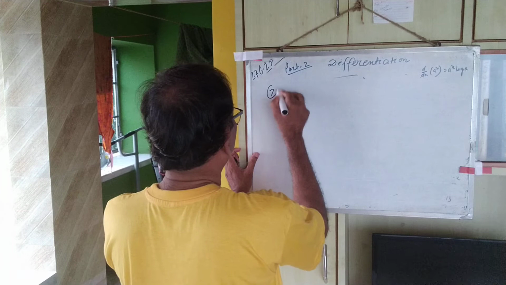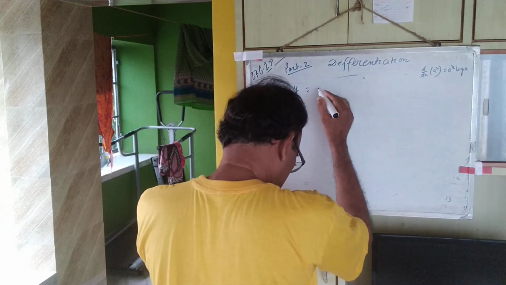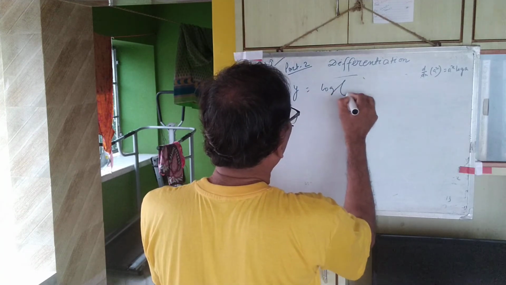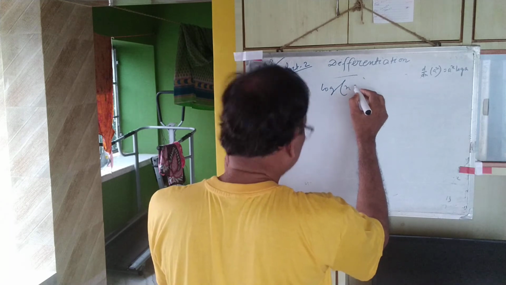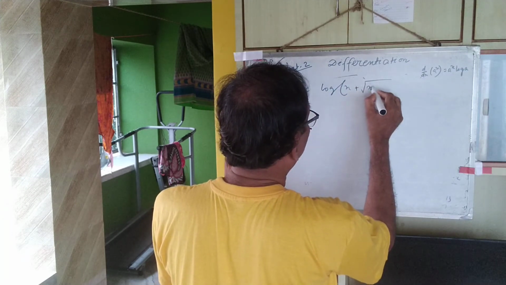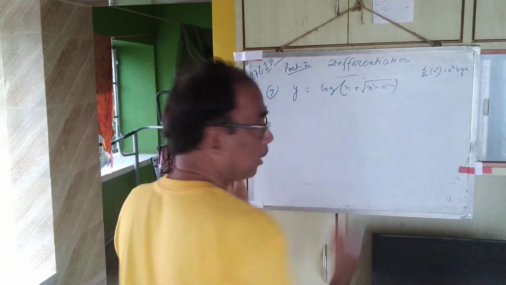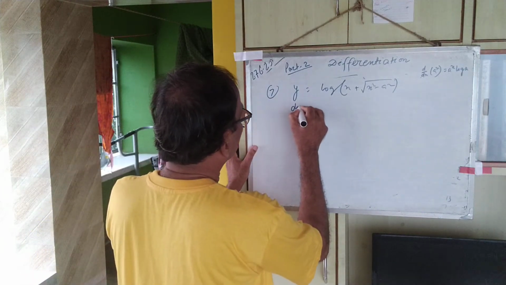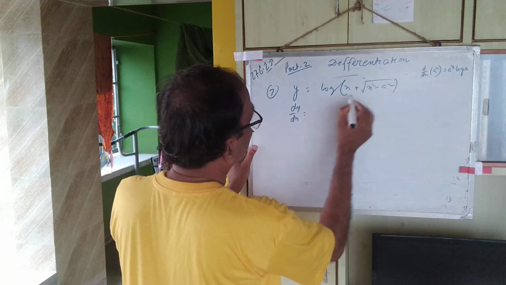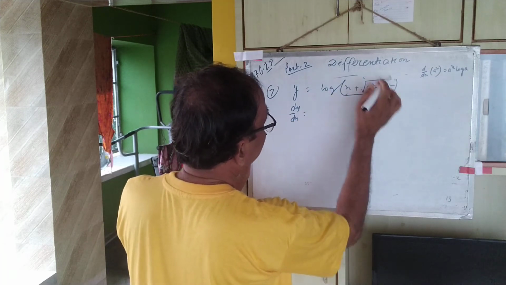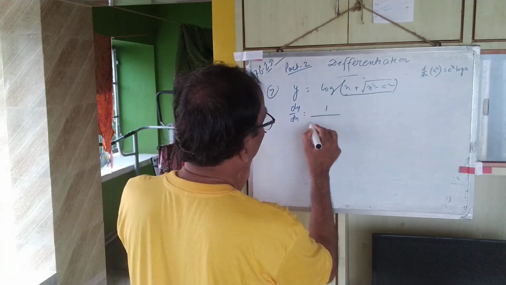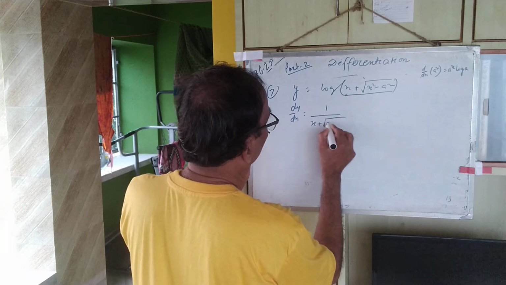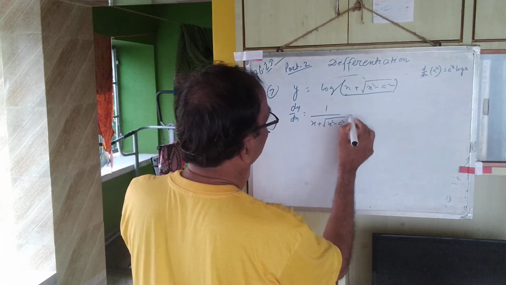Next, number 7. Y equals to log of (x plus root over of x square minus a square). You have to differentiate with respect to x. Then dy by dx, log x is treated as derivative 1 by x, that is 1 by (x plus root over of x square minus a square).